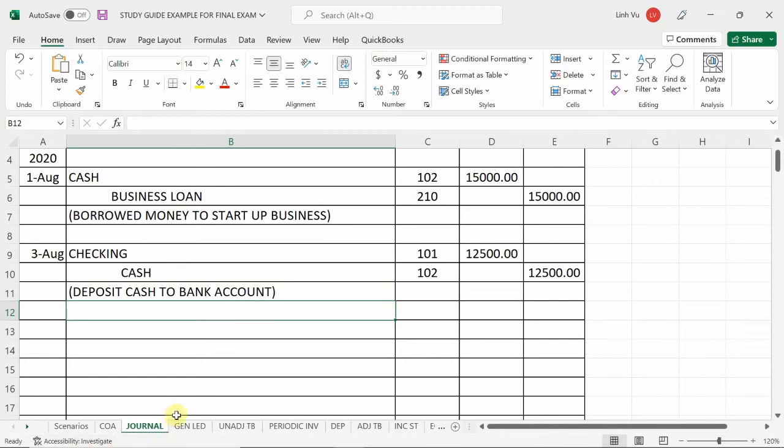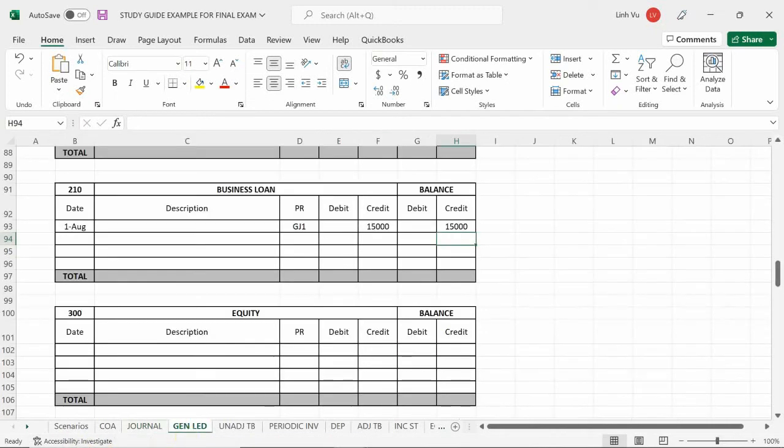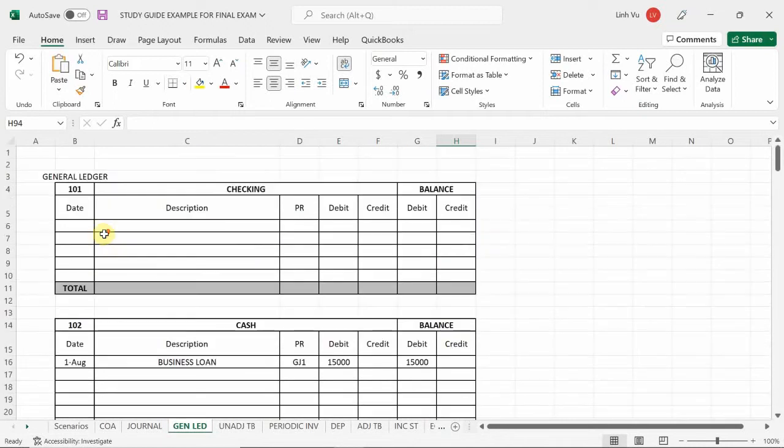Okay, so next is ledger. So in this case, right, we deposited 12,500.